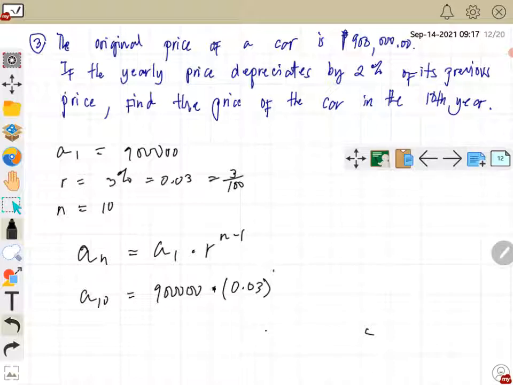That's 10 minus 1, raised to 9. So that gives us 900,000 times 0.03 raised to 9.